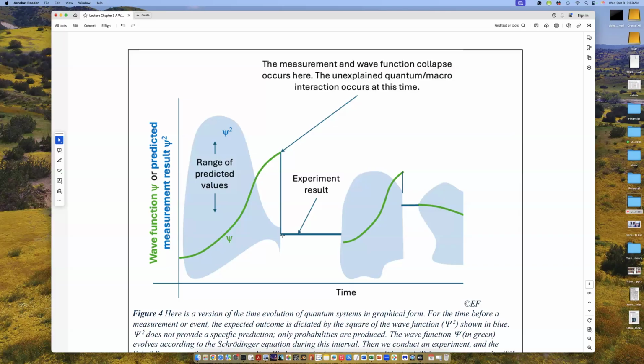So the normal way to describe this is that the wave function has collapsed, that it had a range of predictive results coming from this product here, and that all went away as soon as we made the measurement, and we got a result right here. And let's say we are watching that result, and we decide to repeat the experiment, and we go through the same thing again. We have a wave function that's consistent with the description of the experimental apparatus, and we get a range of results, this gray kind of cloudy region, and then we make another measurement.